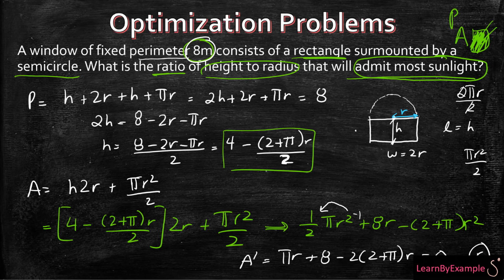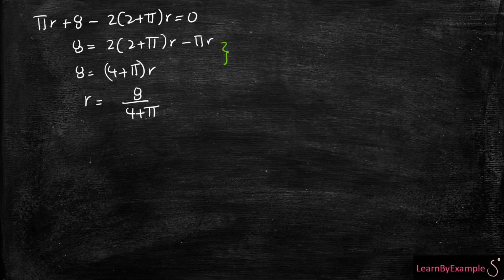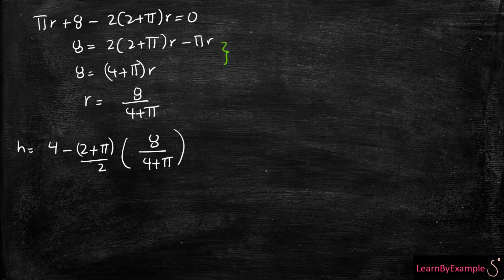Okay, so now we have r, and over here we've already determined h, right? So we can substitute r back into the h equation to find out what h is. So let's do that together. So h is equal to 4 minus (2 plus pi over 2) into 8 over (4 plus pi).